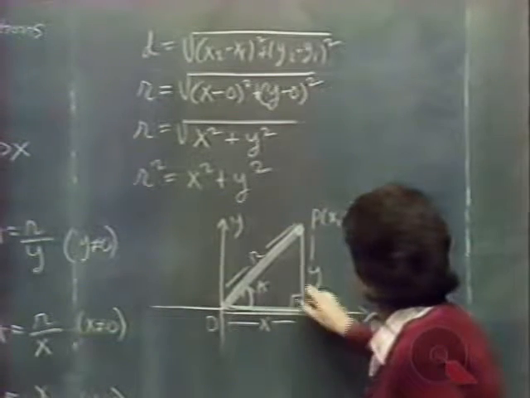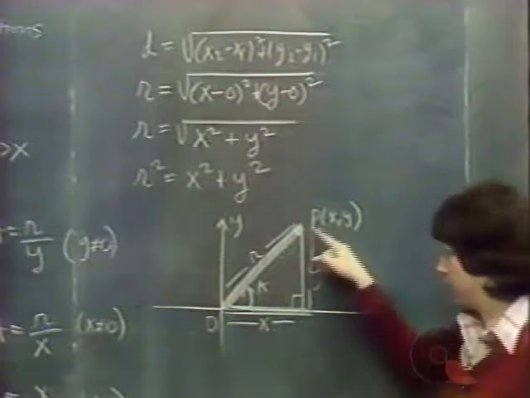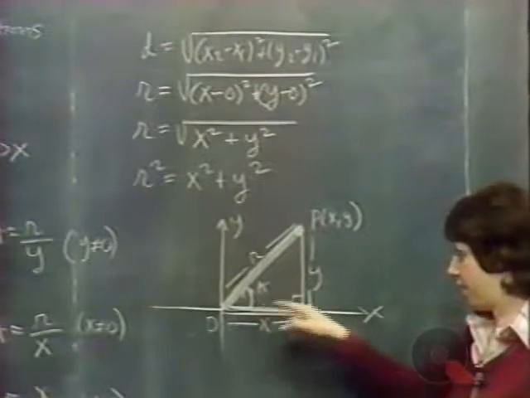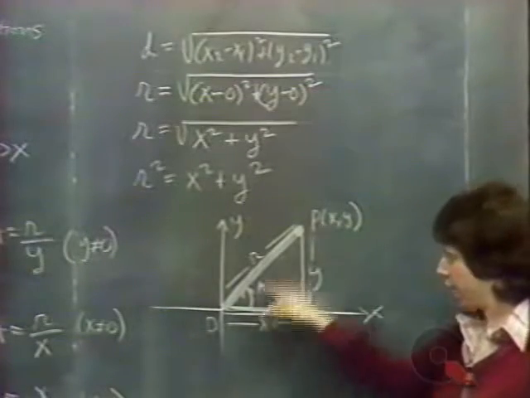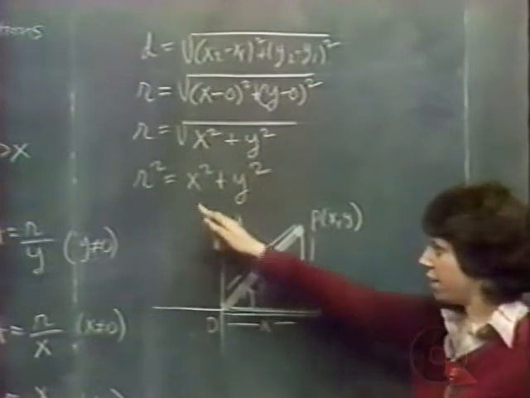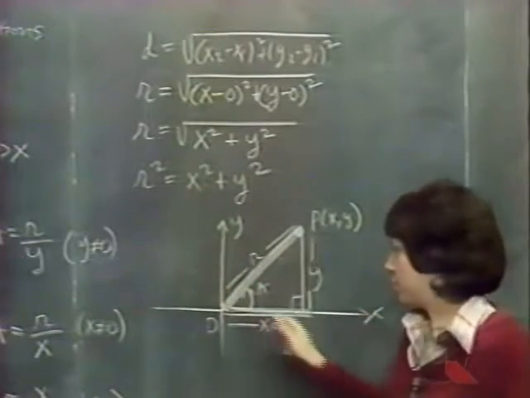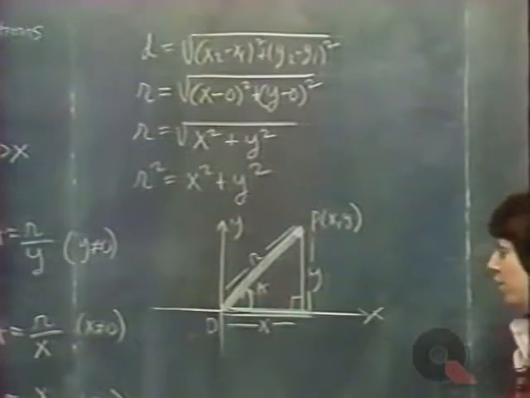If point P is x, y, that means it's x over and y up. This leg must have length x and this length y. The hypotenuse is r. And we see that this relationship x squared plus y squared equals r squared is just the Pythagorean theorem for this right triangle.